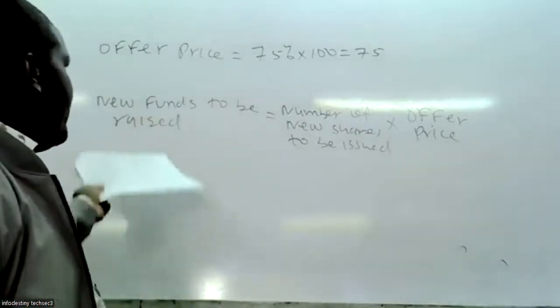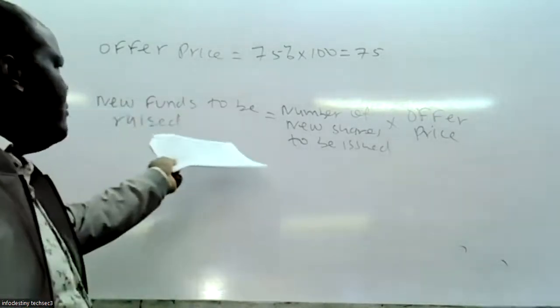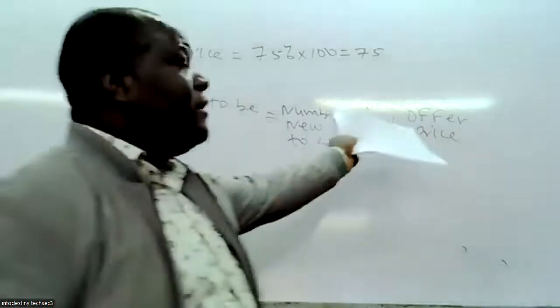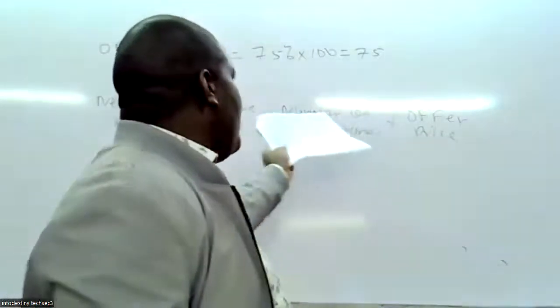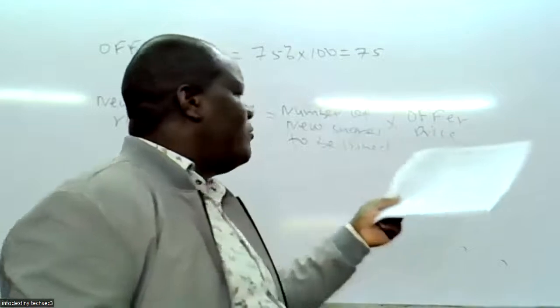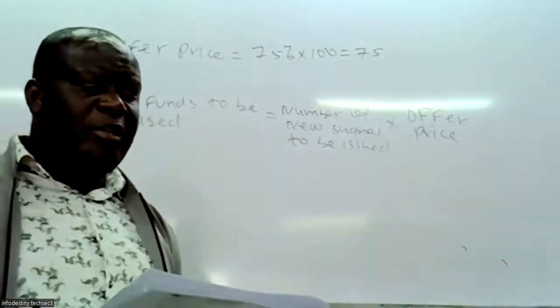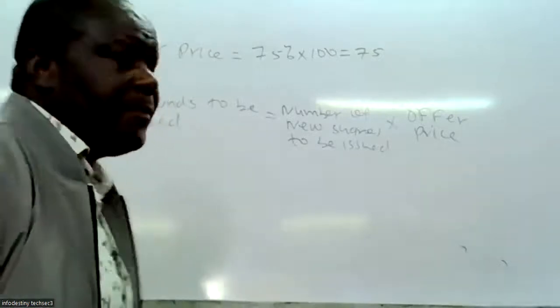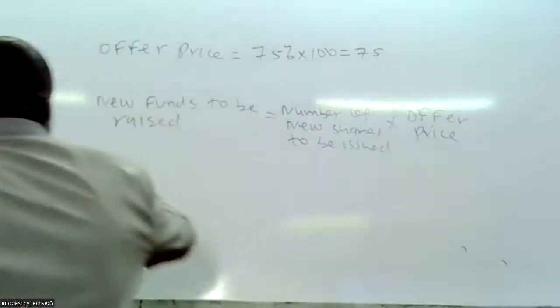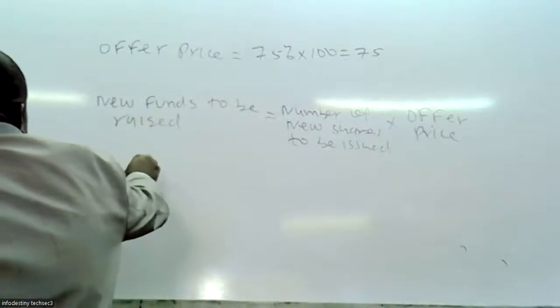So we have already been given the new funds to be raised. We have calculated the offer price. They want you to get the number of the new shares to be issued. You see that from letter 1: number of the ordinary shares to be issued to raise the required capital. So we make the number of the new shares to be issued the subject.